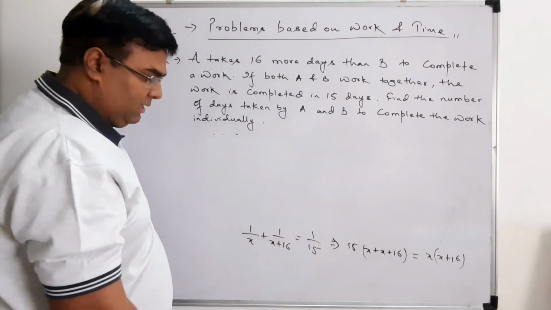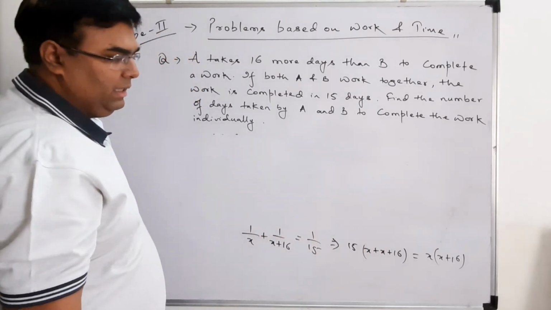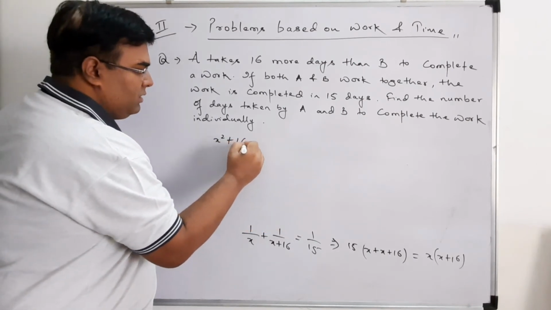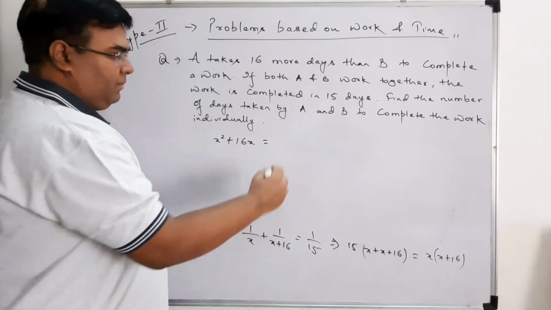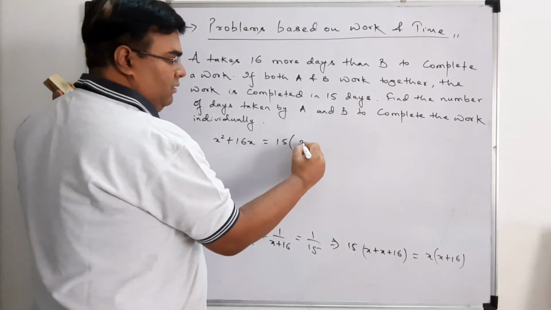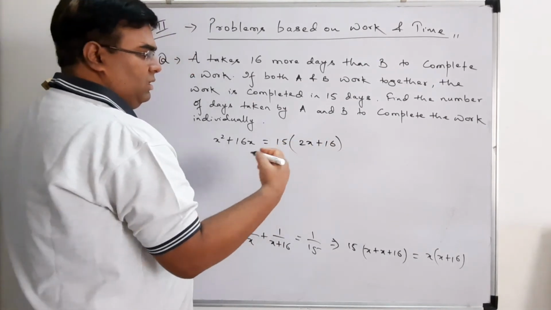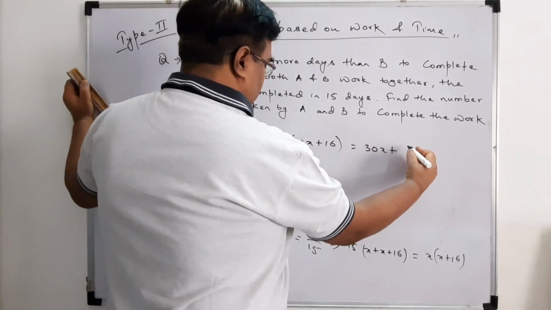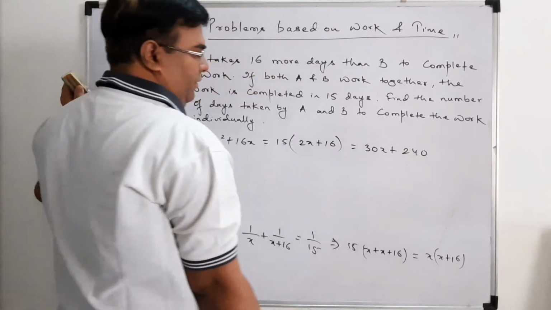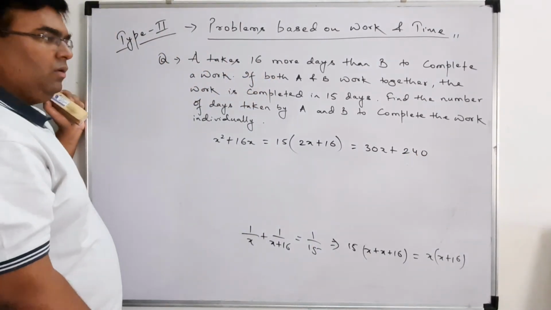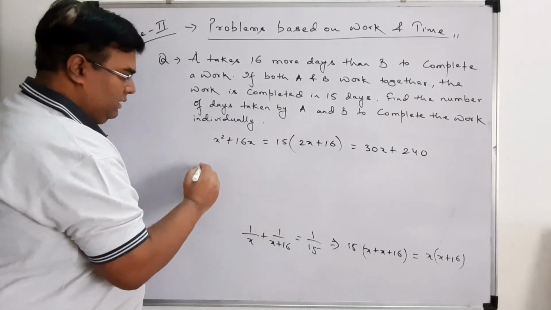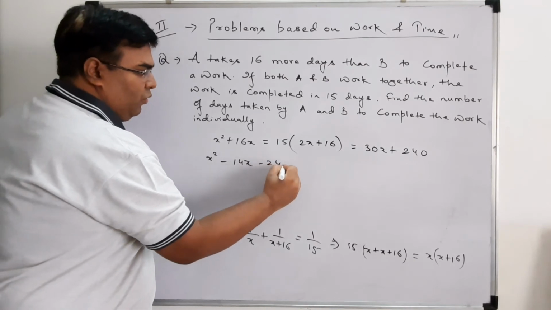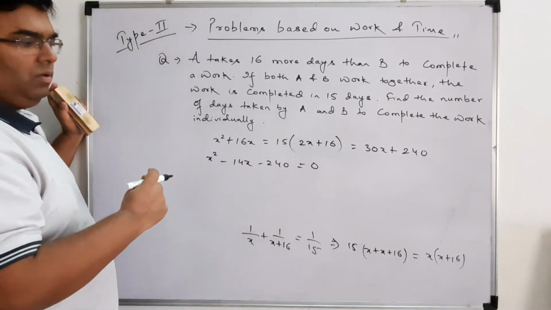So I have simplified like this, and this will go to the right hand side. Now the equation will be x square plus 16x is equal to 15 times (2x plus 16), which is equal to 30x plus 240. Right? Now bringing all the terms to LHS, x square minus 14x minus 240 is equal to 0.